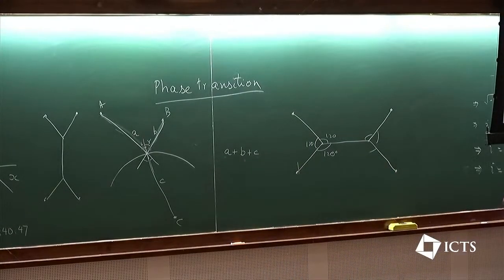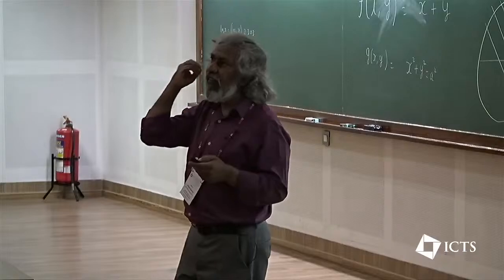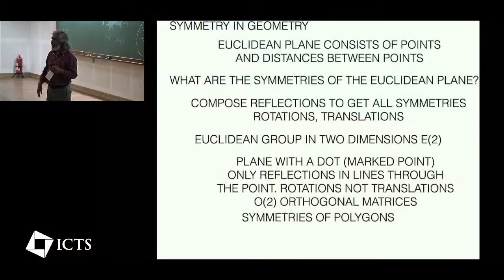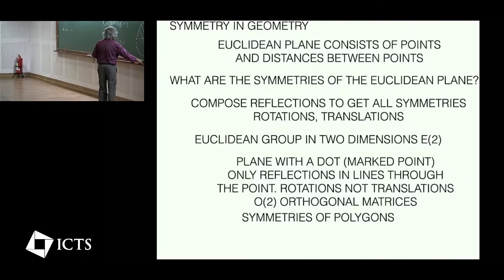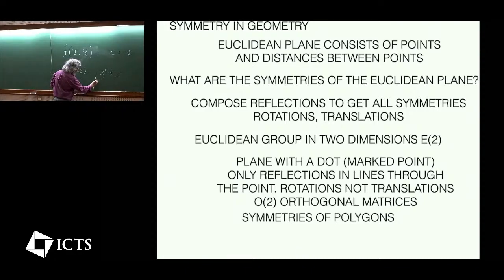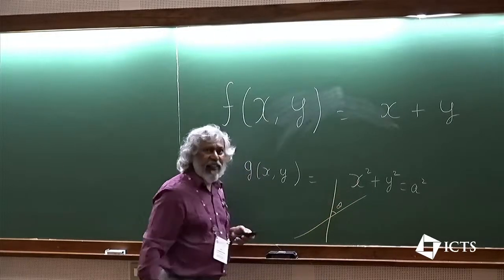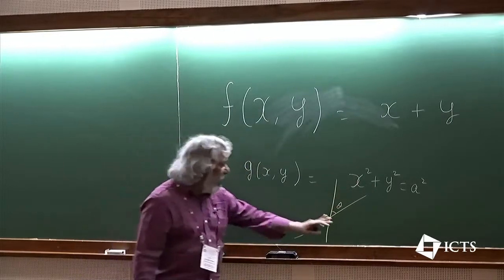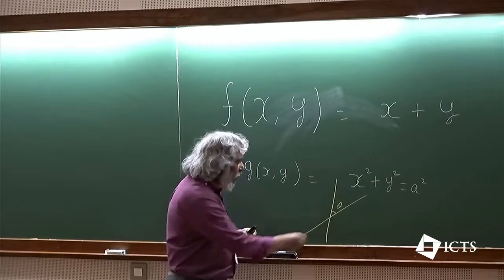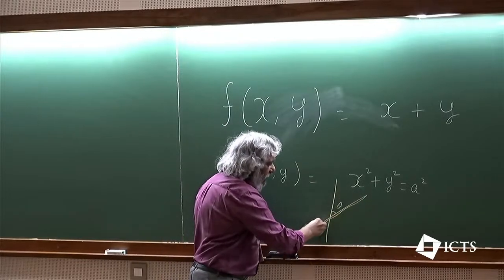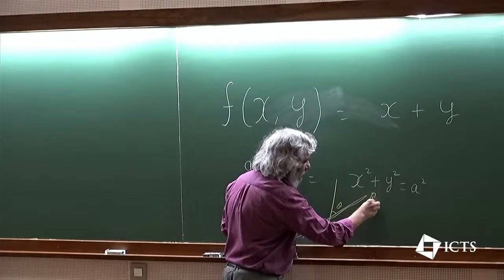Yeah. So if I reflect about any line, I can actually generate all symmetries of the plane. For example, if I first reflect about this line, and then I reflect about this line, this angle being theta, under reflection, the points on the line don't change at all. They stay where they are. Everything on this side comes to the other side. So all the points on the line are unchanged by the first reflection.